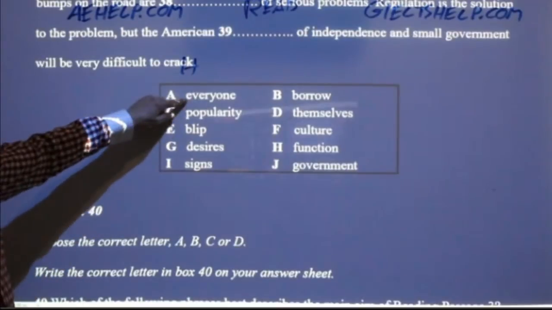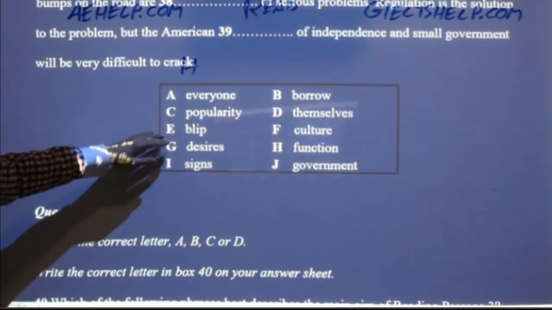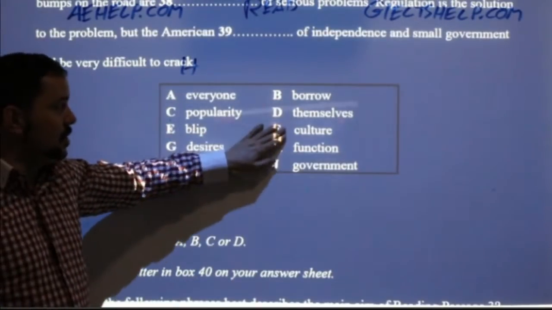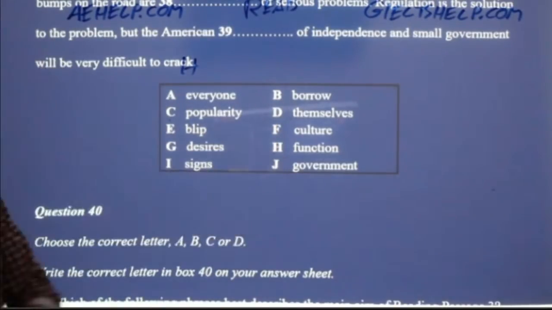Here we go: everyone, popularity, blip, desires, signs, borrow, themselves, culture, function, government. Which one do you think makes the most sense or is the closest? I don't think culture creates the problems.